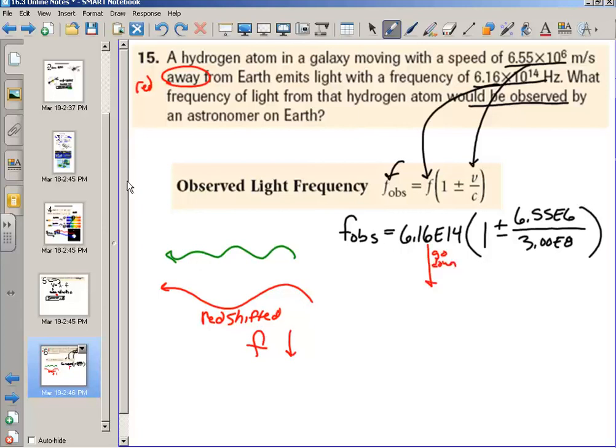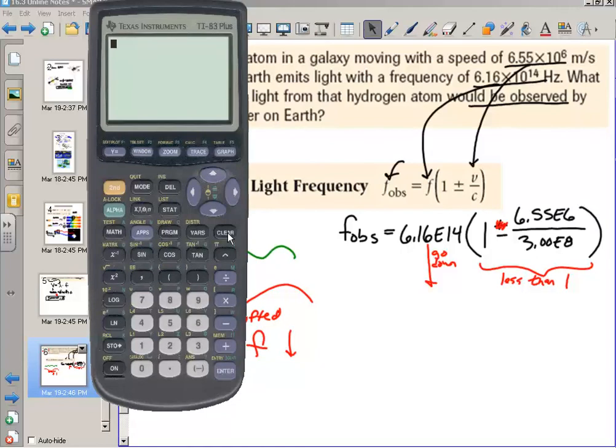The only way that this is going to go down is if this big quantity right here is less than 1. So to make it less than 1, I know that I just have to subtract. If I was going towards it, I would add, and it would be blue shifted, and the frequency would go up. So now all I do is I plug it in with that subtraction in there. 6.16 E to the 14th times 1 minus 6.55 E to the 6th divided by 3 E to the 8th.